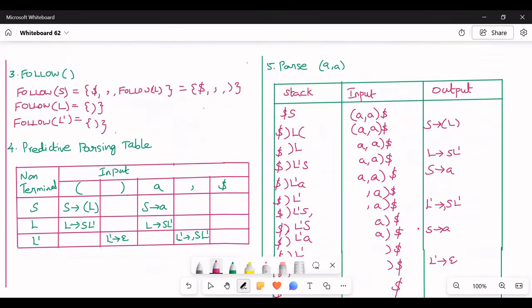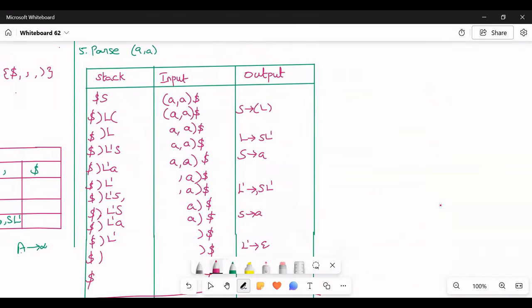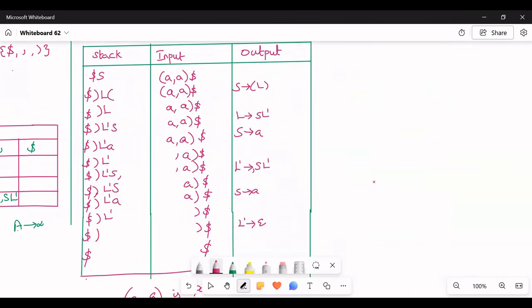The meaning is the top-down parse tree is constructed by checking this output. So the start symbol of the grammar is S. Then it has three children: open parenthesis L close parenthesis.